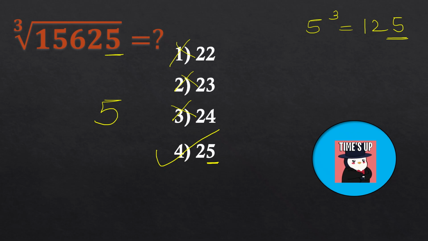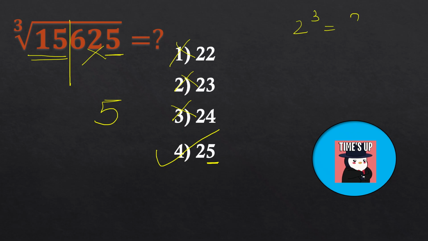Second step, you need to divide the number in such a way that from your right-hand side you leave the 3 digits. So this is how I will divide. Ignore this now. So the cube root of 15 is there. The cube root of 15 lies between which numbers, do you think? 2 cube is 8, 3 cube is 27.